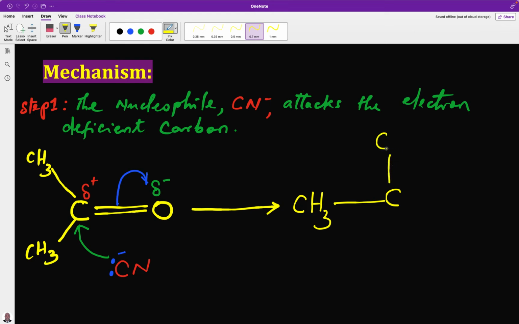There will be a CH3, oxygen is there. The cyanide now comes here.